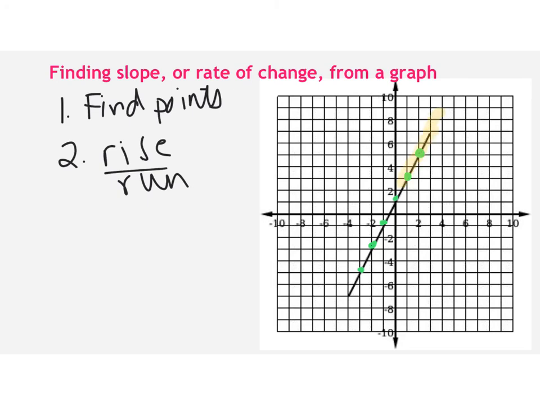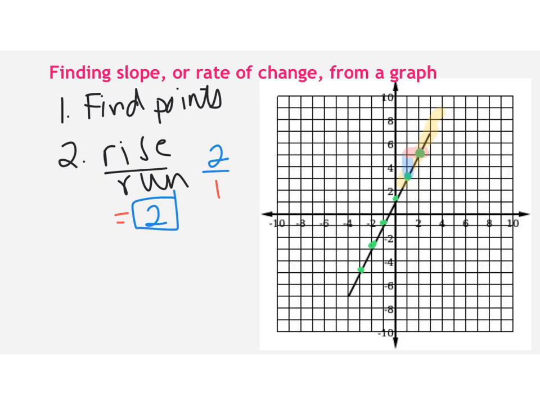I'm going to look for my rise over my run. So I see that my rise is up 2 and my run is over 1. So my rise is 2, run is 1. Okay, and then I'm going to go ahead and simplify that fraction, which is going to be equal to 2.